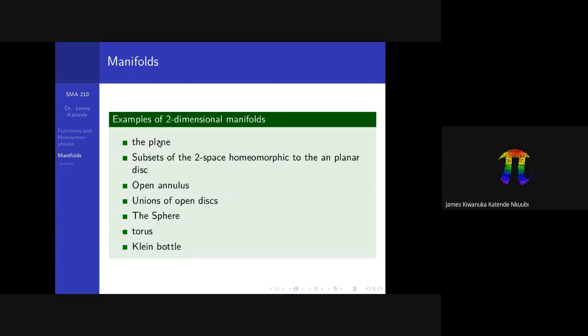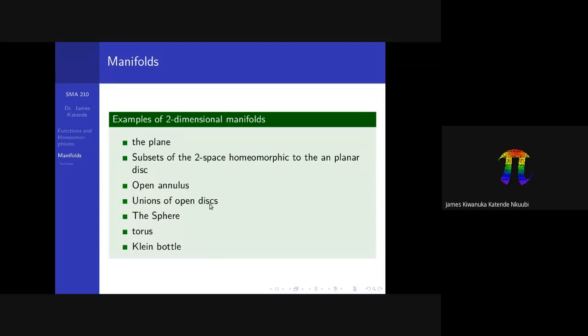You can think of this intuitively. Any open planar disk also in the two-space will be a two-dimensional manifold. An open annulus also will be a two-dimensional manifold. We'll draw some of these diagrams and add them before I release the slides so that you can see what this is.